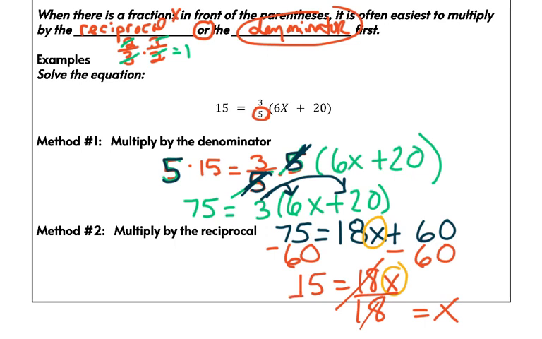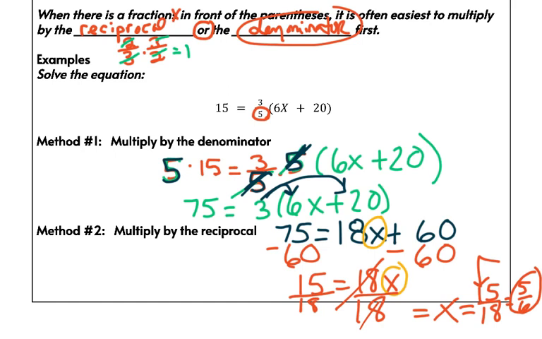But whatever I do on one side, I must do to the other. So I get that my x is equal to 15/18, which does reduce, by the way. So we might want to take a 3 out of the top and a 3 out of the bottom, because oftentimes it's going to say leave your answers in simplest form, in which case this would not cut it.